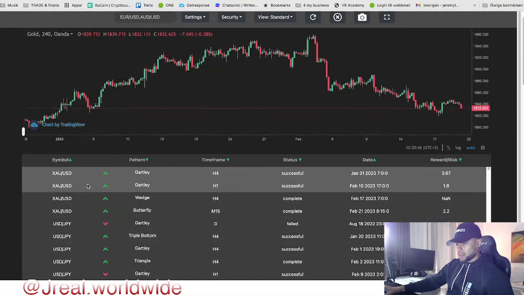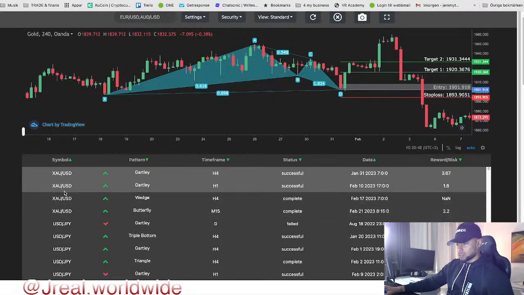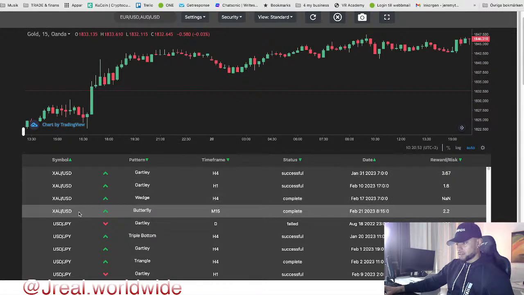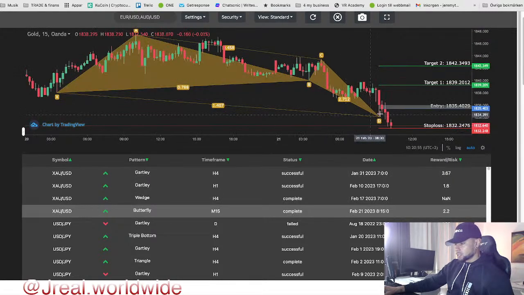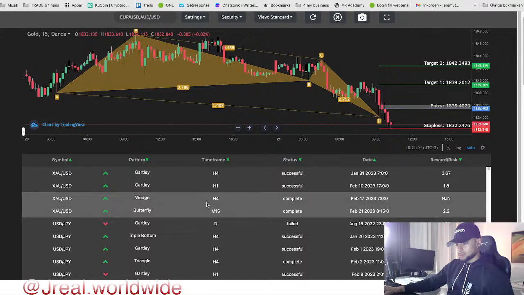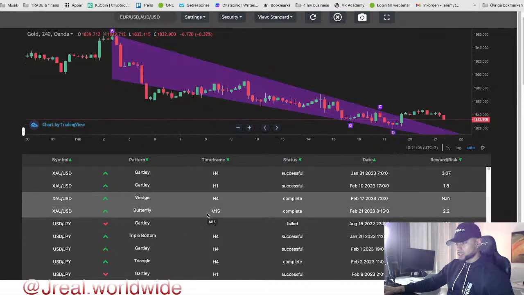Yeah, we got this gold pattern. That one is old, it's already gone. This one came out today, 50-minute time frame. Let's see what it is. It's basically touching the stop loss. I still want to check this one out though. It's a wedge.